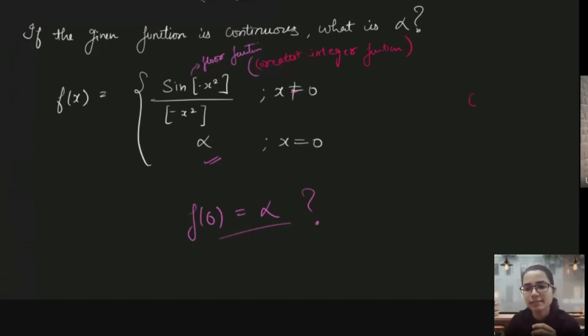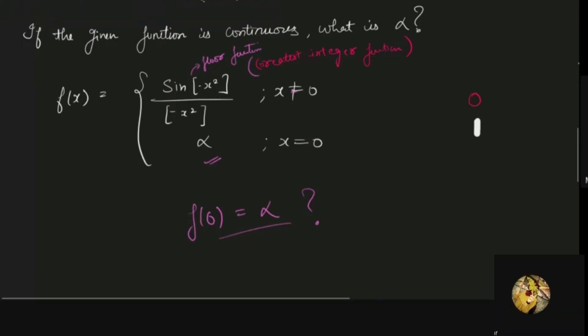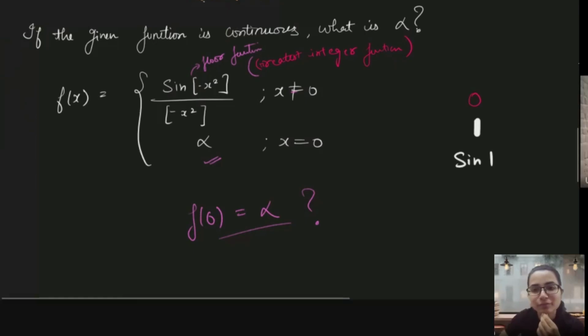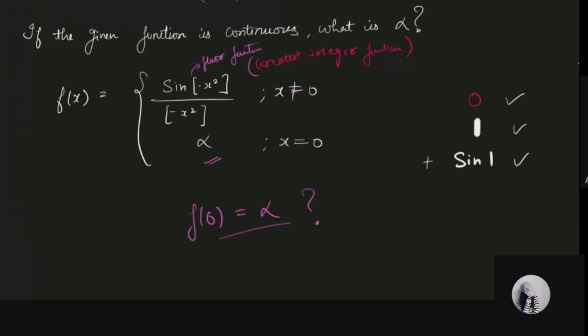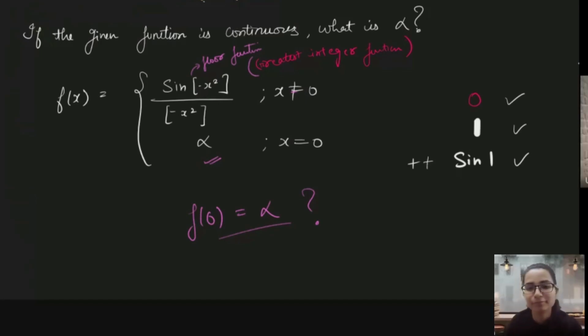Okay, somebody is saying 0. Let's have more answers. 1. Okay, there's 1 also. Sine 1. Interesting, we have 3 different answers already. Someone also said sine 1. Okay, many answers for sine 1.